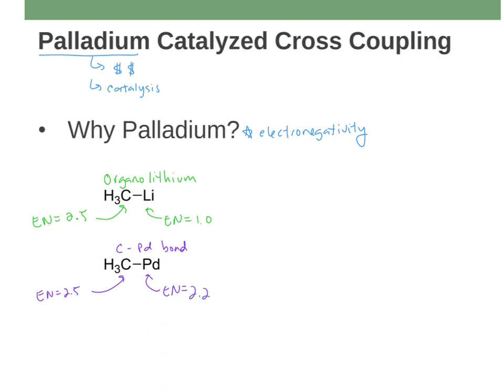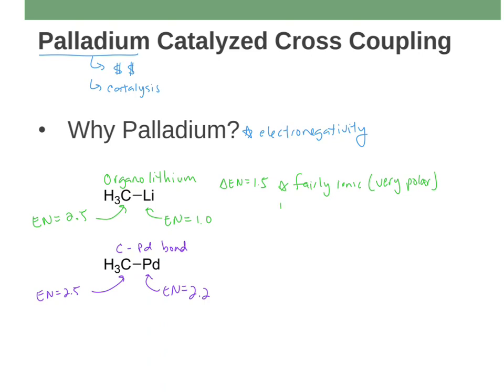And so what's the consequence of that? We talked about before, when we were looking at organometallic reagents like the organolithiums and the Grignards, that when you have a difference in electronegativity, this delta E, of about 1.5, you're starting to get fairly ionic, or at the very least, very polar.